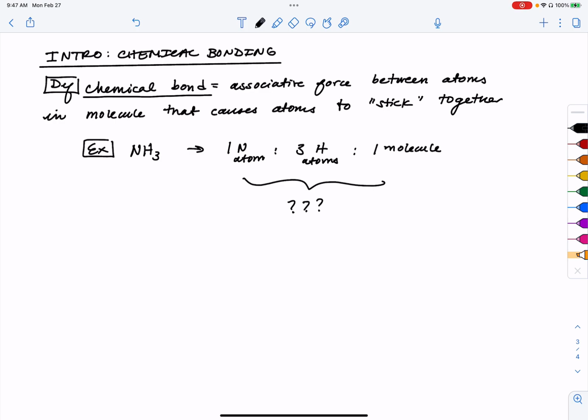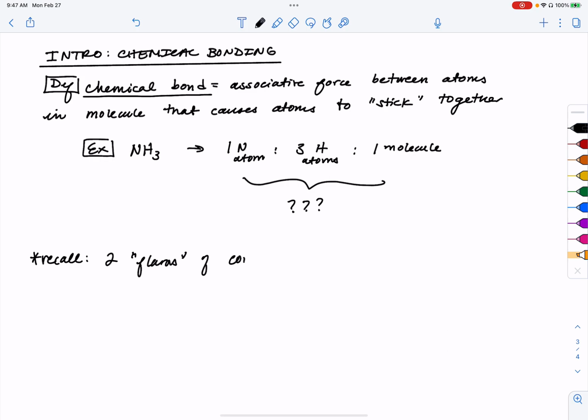It turns out that when it comes to chemical bonding, there's actually multiple different ways that atoms can associate to quote unquote stick together. And before we can talk about those different types of associations, let's remind ourselves of our 2 flavors of compounds.